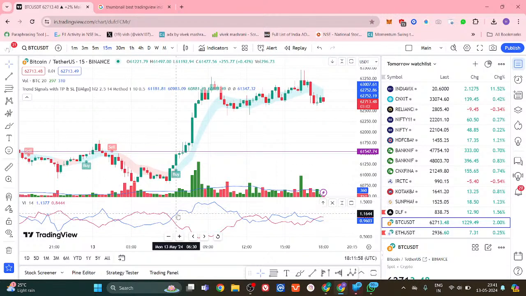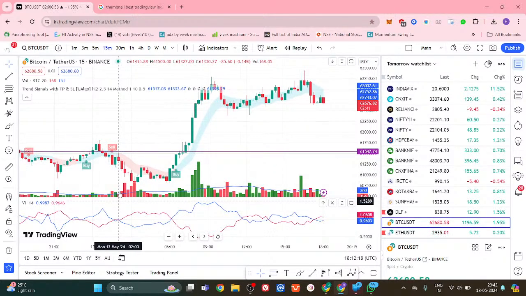This is giving you a buy and sell. Additionally, whether we should take it or not, you can use this. If the blue line has crossed the red line, that means it is an additional confirmation that we can take.